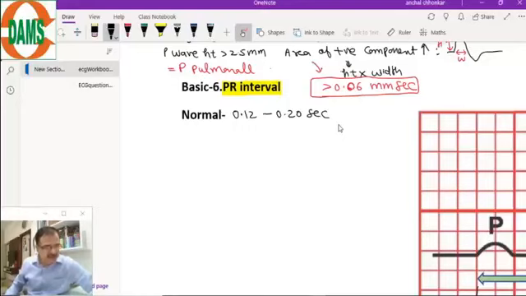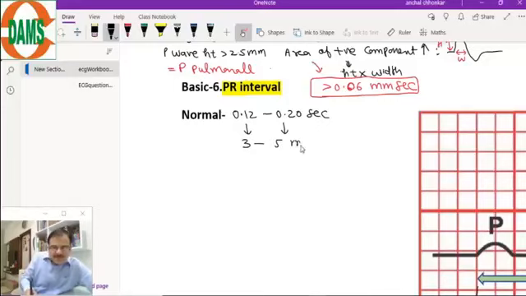And in millimeters, it is 3 to 5 millimeters. 3 to 5 millimeters will be the answer if it is in millimeters.